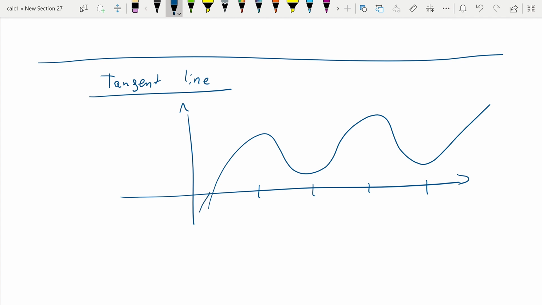Here the tangent line is given by something like that. At this point, say A1, it's some oblique line going upwards. But here at this point, say A2, and the same is going to be true at A3, A4, and A5, the tangent line is horizontal.